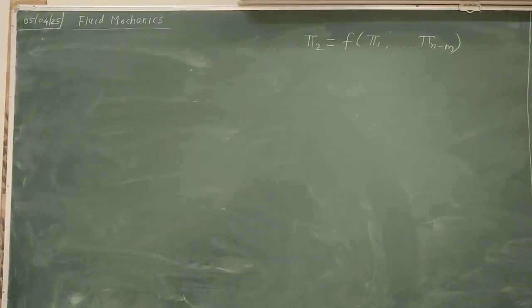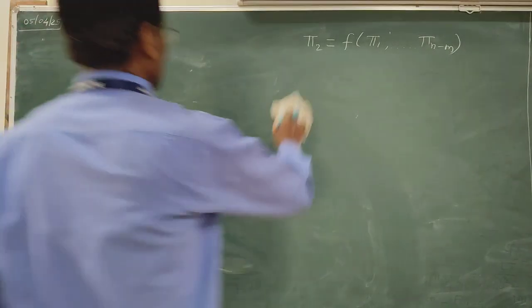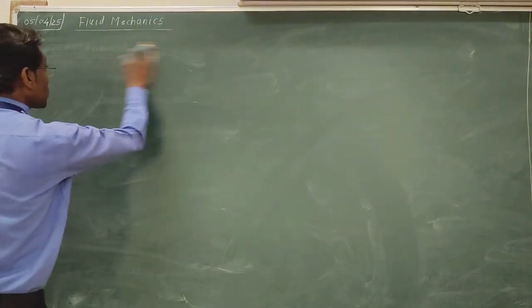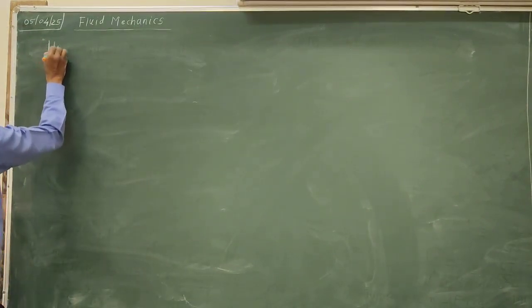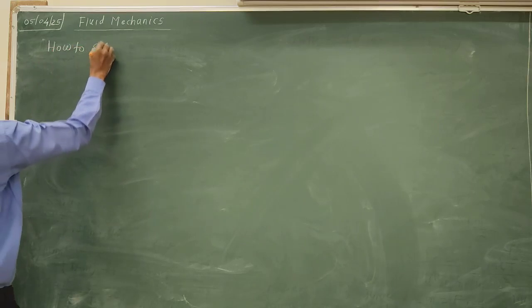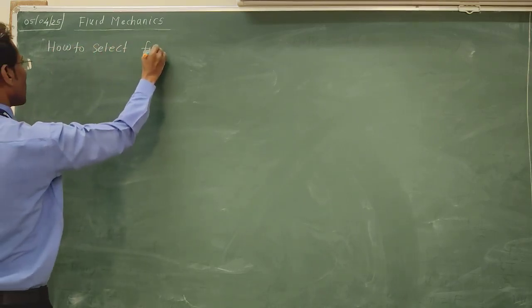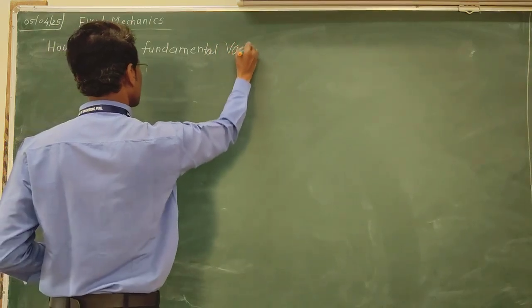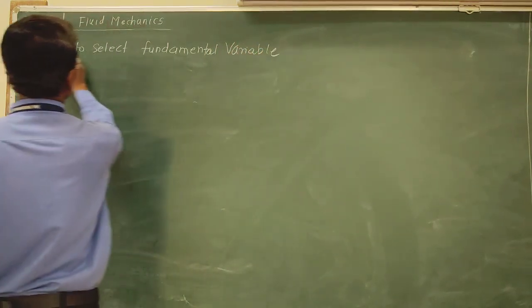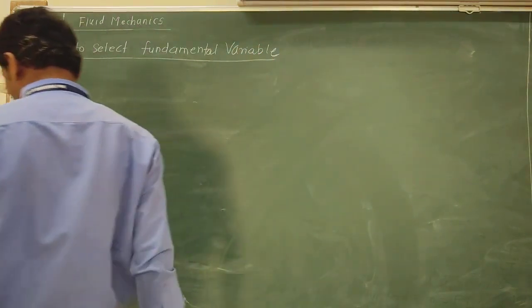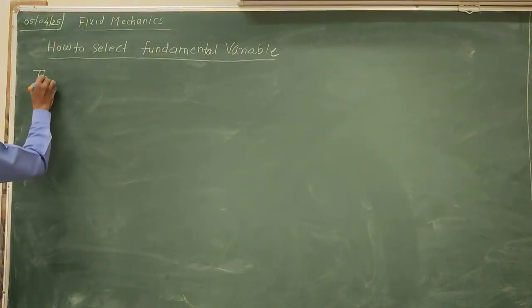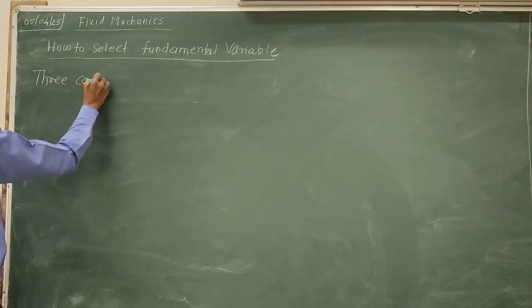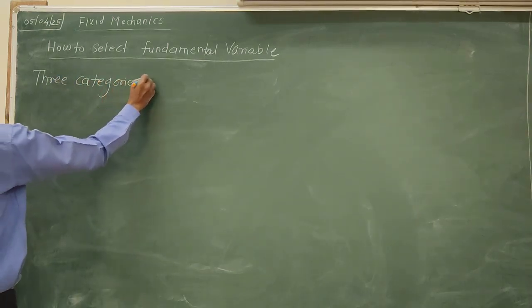Now we have to see how to select variables, fundamental variables. In the numerical, a set of variables is given. So out of these variables, how to select fundamental variables. Here we will first of all have three categories of fundamental variables.